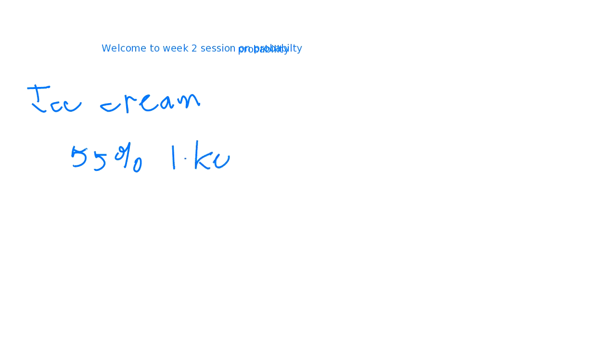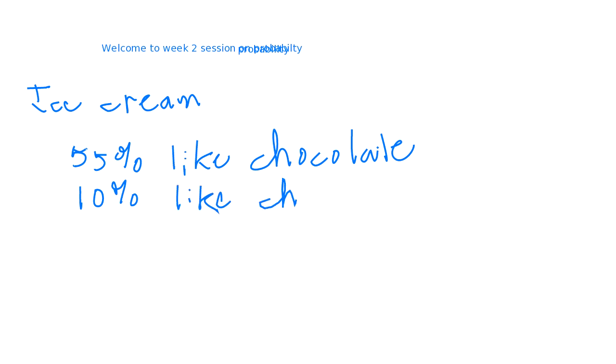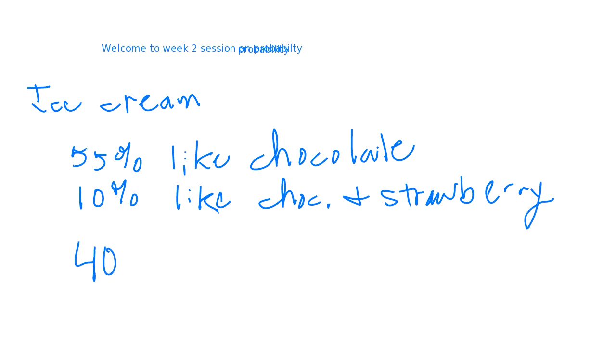This one is about ice cream. So suppose you have a group and 55% of the group like chocolate, 10% like chocolate and strawberry, and 40% like strawberry.